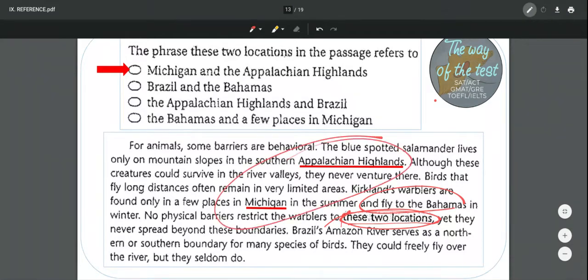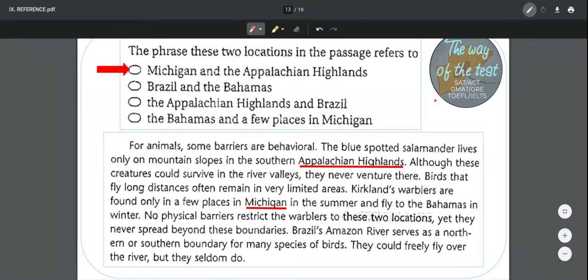If I choose these 2, I will be leaving the Bahamas out. So I'm mentioning the first 2 locations, and then this location has no reference. But I had to mention 2 locations that are together. Another reason why this is not the answer is because the Appalachian Highlands are way behind the reference.